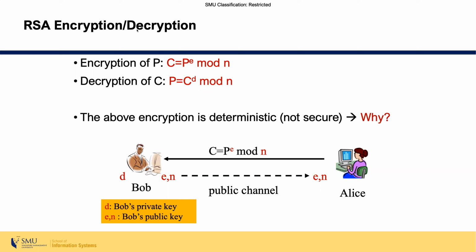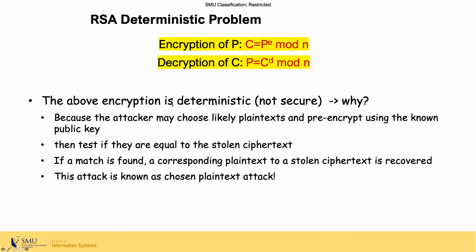Let me give you a reason why, in this context of RSA encryption. Notice that we have discussed that in the case of using asymmetric encryption, the public key is known by the public. So the attacker can use the known public key, choose likely plaintexts and pre-encrypt them.